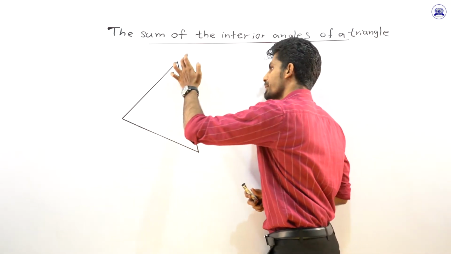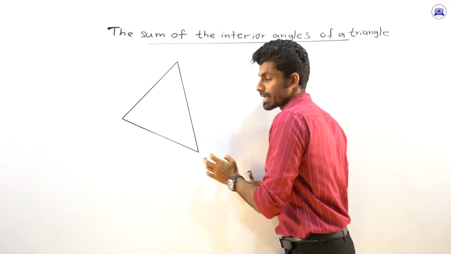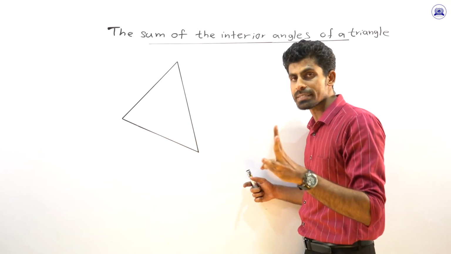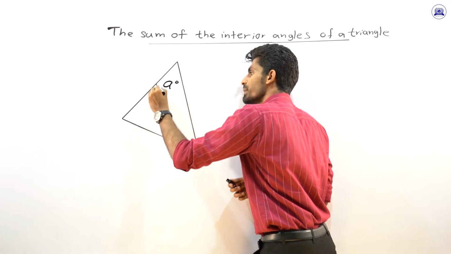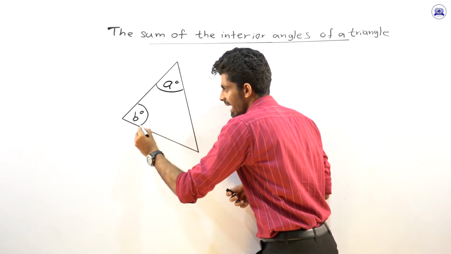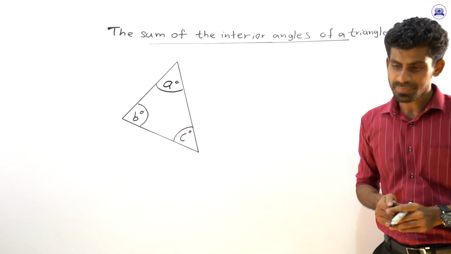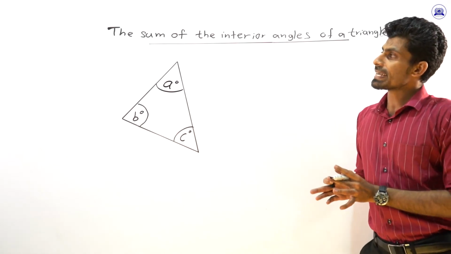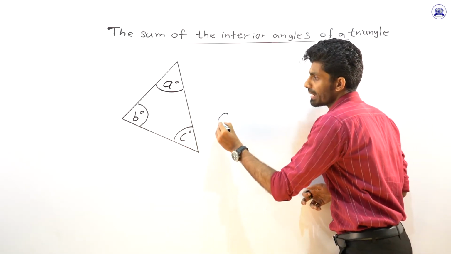Just consider this triangle. Now, how many angles are there? Three angles. So what is the theorem? Let's take that angle as A, this one as B, and this one as C. The summation of the interior angles of a triangle is equal to 180.